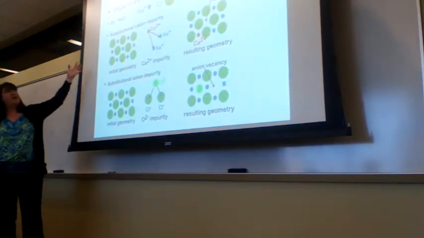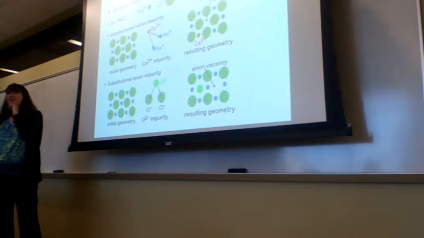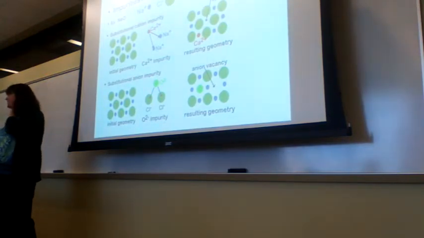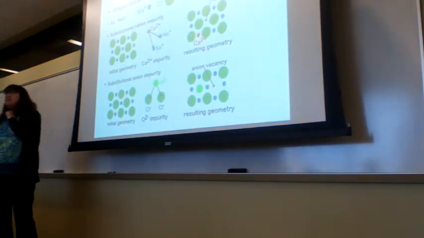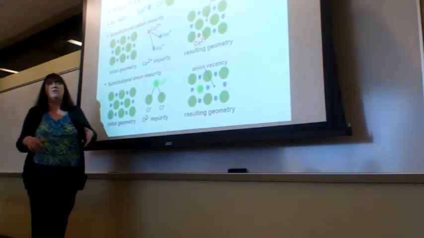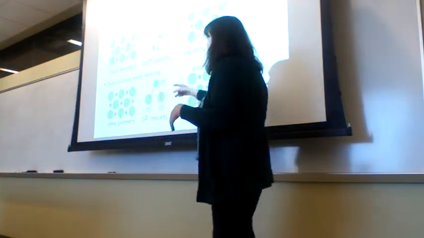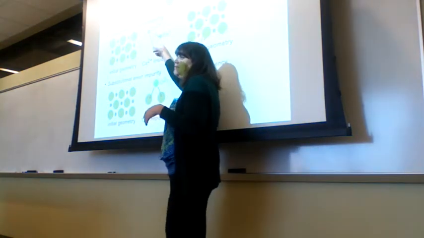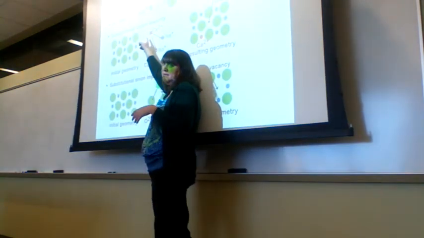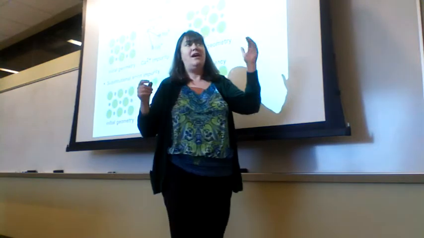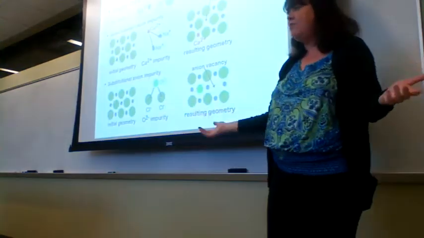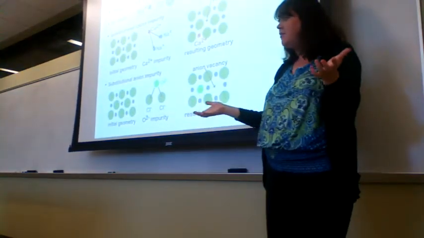We can have a substitutional effect, but we have to make sure we keep the charge balance. So we can change out the sodiums for potassium, no problem. Or we can change out 2 of the sodiums for 1 calcium. And since calcium's a little bit bigger, but now more charged, they're about the same size in radii.